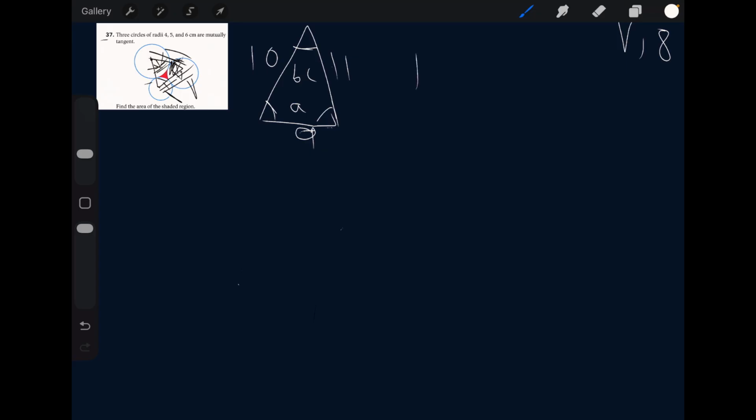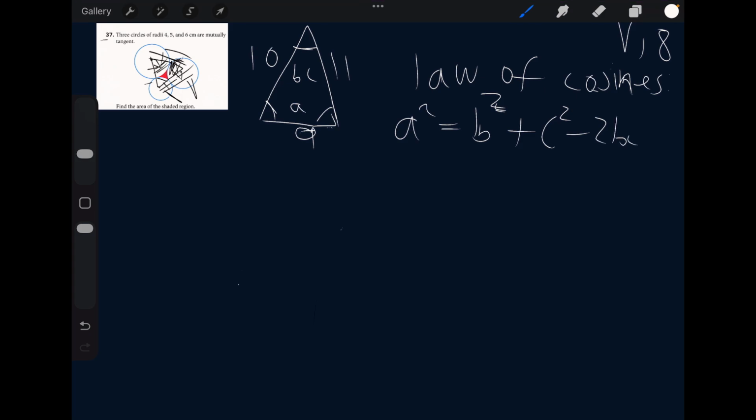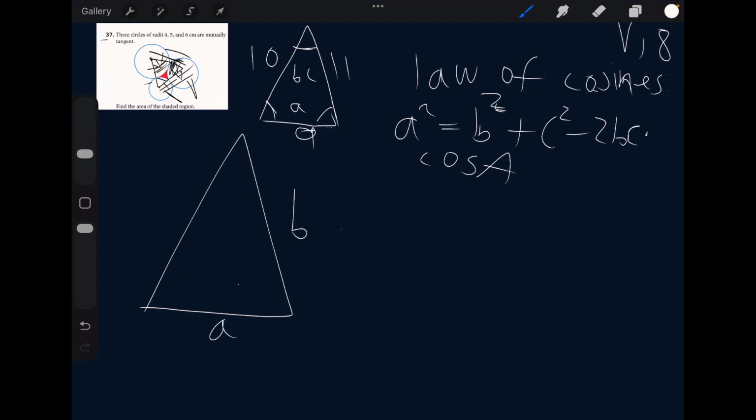And the law of cosines says that one of the sides, a squared, equals b squared plus c squared minus 2bc times the cosine of the angle A. If we have this triangle here with sides A, B, C, then the angles will be opposite their side lengths, and those will be capital letters, so we'll have it like this.